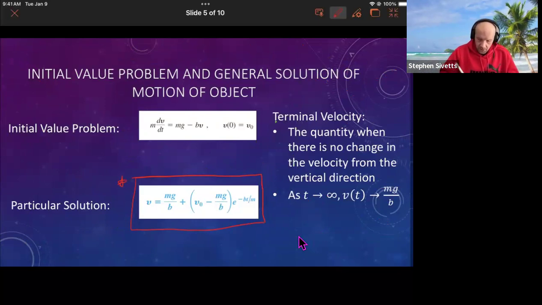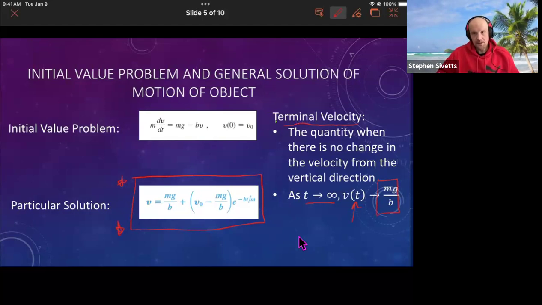Okay. And then terminal velocity is where the velocity is not changing, right, as the object is falling. So you have a constant velocity. As time moves forward, you'll have the vertical velocity approaching this quantity, mg over b, in this particular solution.